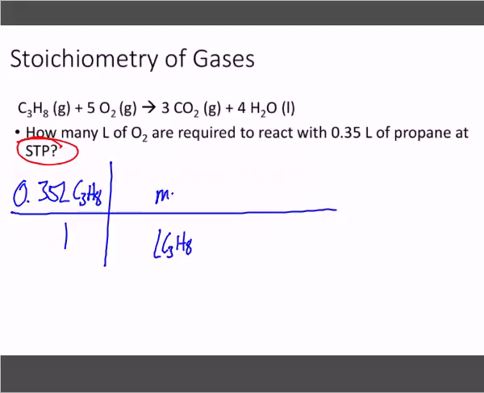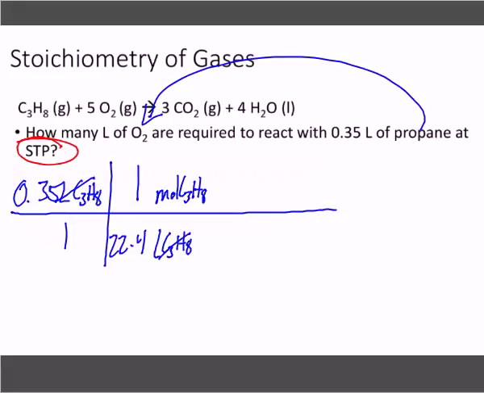All right? So moles of C3H8 will be on the top. 1 mole is how many liters at STP? 22.4, okay? So, we've done this. We're trying to go from one substance, from propane to oxygen, guys. So when we're going from one substance to another, what do we use? Mole ratio, guys. That's what we've done already with stoichiometry.